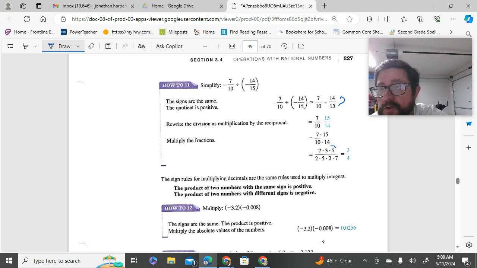Now, right here they show you that 7 will divide into 14, so that will go 1, and that will go down to 2. Then 10 and 15, this will go down to 2 because 5 goes into 10 twice. 5 goes into 15 3 times, and they're taking 1 times 3 equals 3.